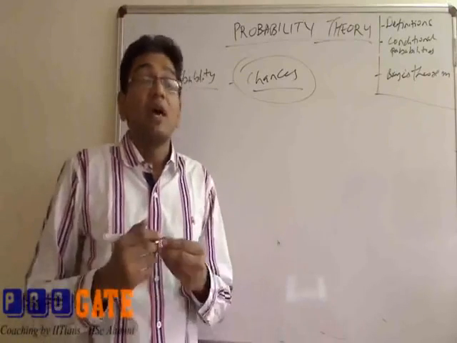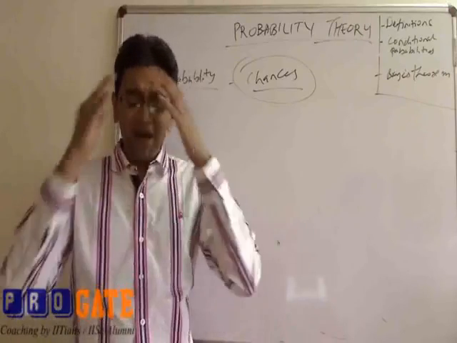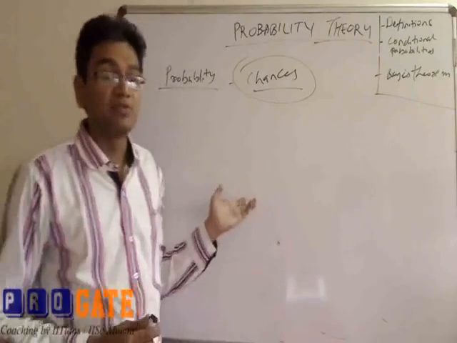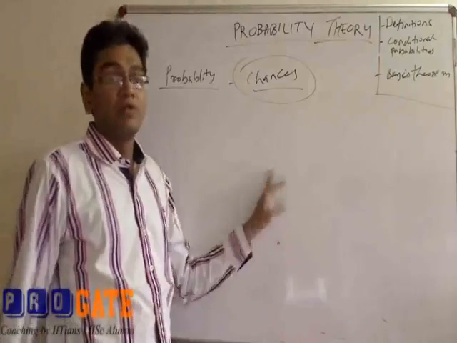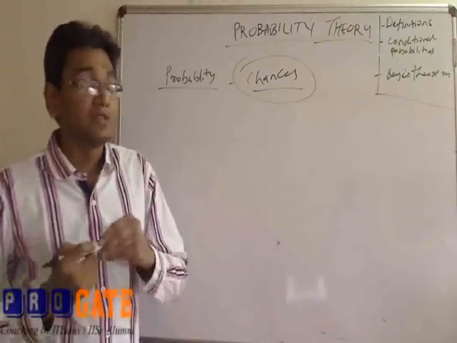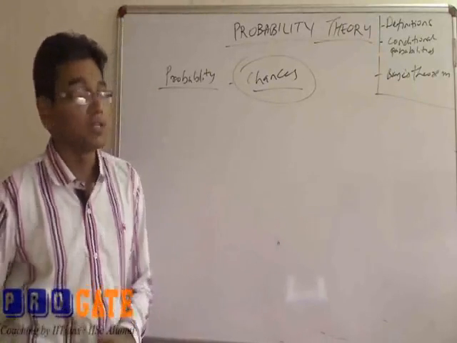It is used in physics, chemistry, and computer science in a wide way. Everywhere there are probabilistic algorithms as well, that is, algorithms based on probability theory, which are called approximate algorithms and all such stuff.